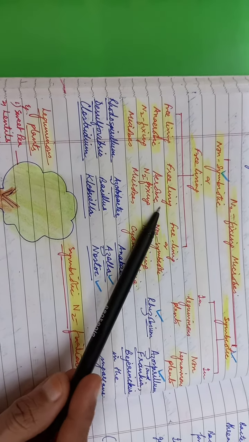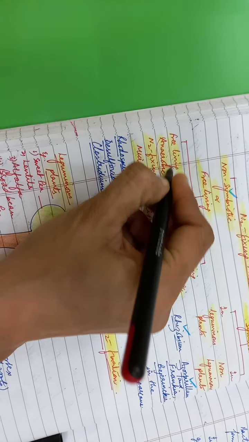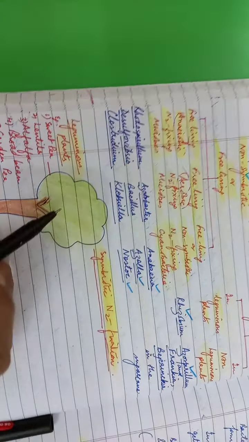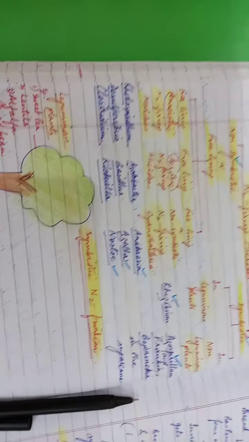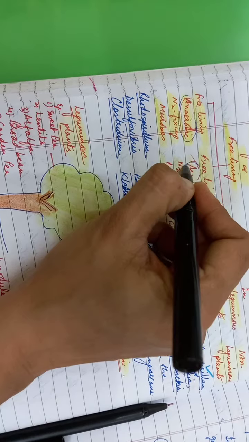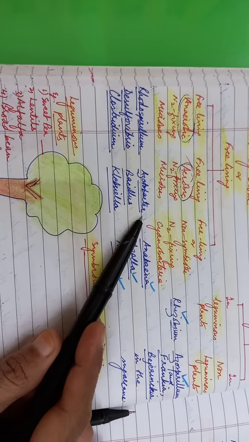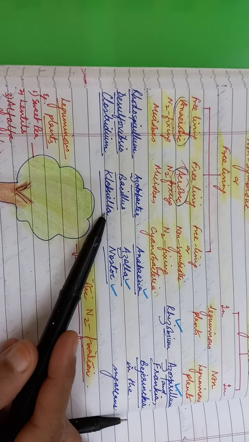The other category includes free living aerobic nitrogen fixers. See, these were anaerobic and these are aerobic. That means anaerobic, they will be carrying their respiration in the absence of oxygen, whereas aerobic, they certainly need oxygen. And the examples are Azotobacter, Bacillus, Klebsiella.